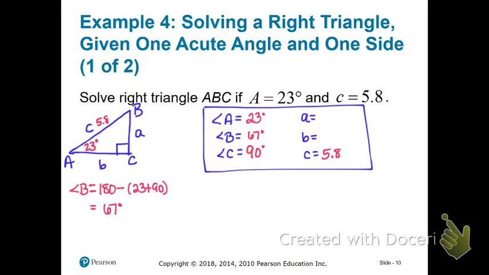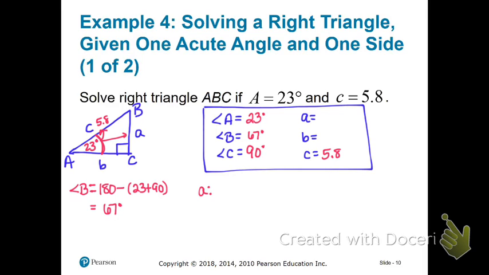So let's find side A. How are we going to do that? Well, let's look at this. Well, we know this angle, right? That was given, so we know that's correct. What is side A to angle A? Opposite. What did they give me here?